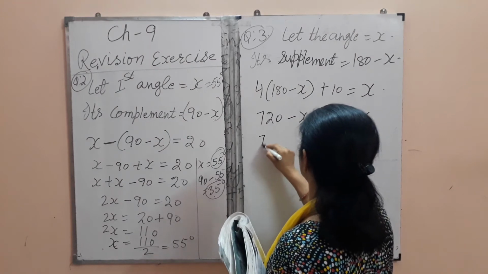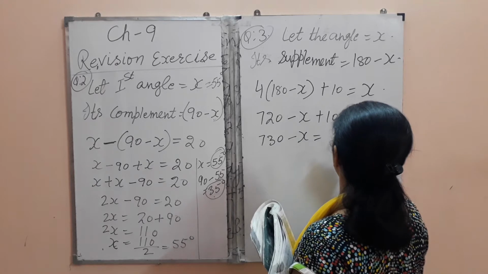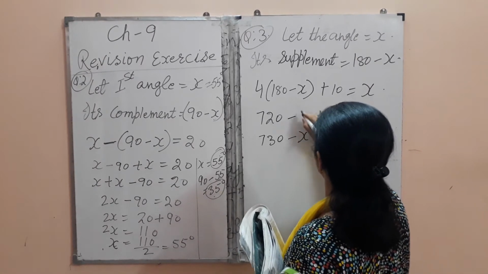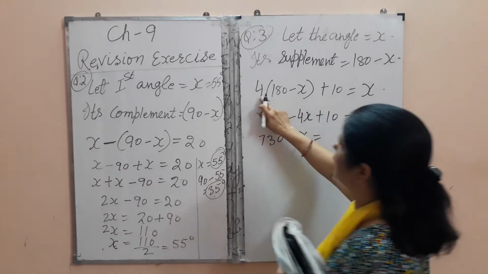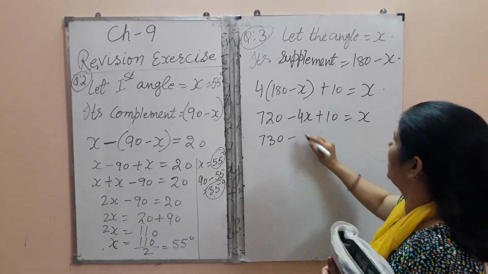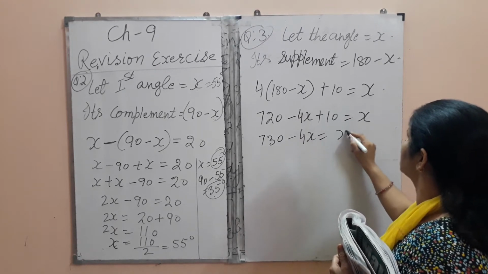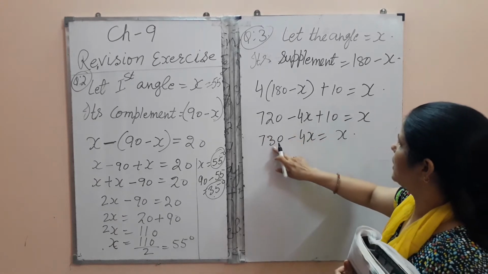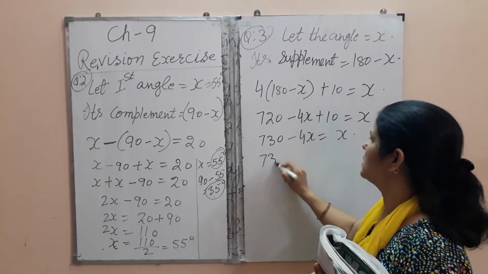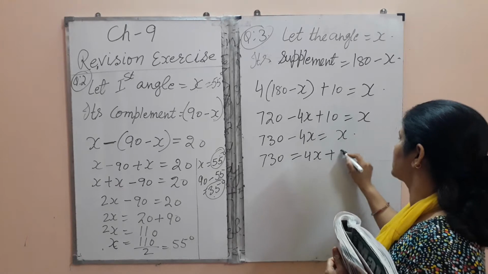It will be 730 minus 4x equals to x. We multiply both the things by 4. This 730, how does it become 730? 720 plus 10. So it will be 730 equals to 4x plus x.